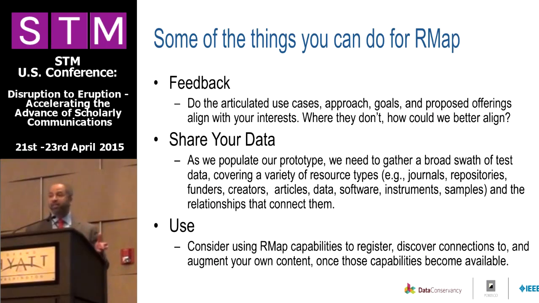So we need to get data of a wide variety so that we can understand how well the system works with different kinds of things: journals, repositories, funders, creators, project information, data, software, instruments, and samples. And we'd like you to consider using RMap when we are publicly releasing those capabilities.